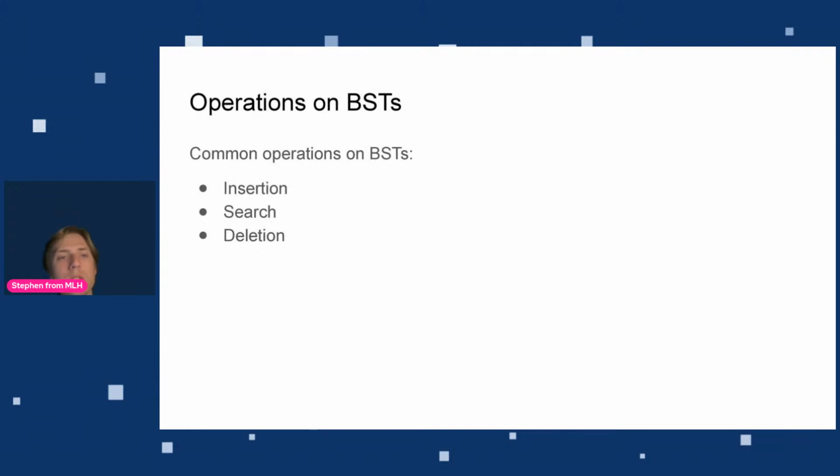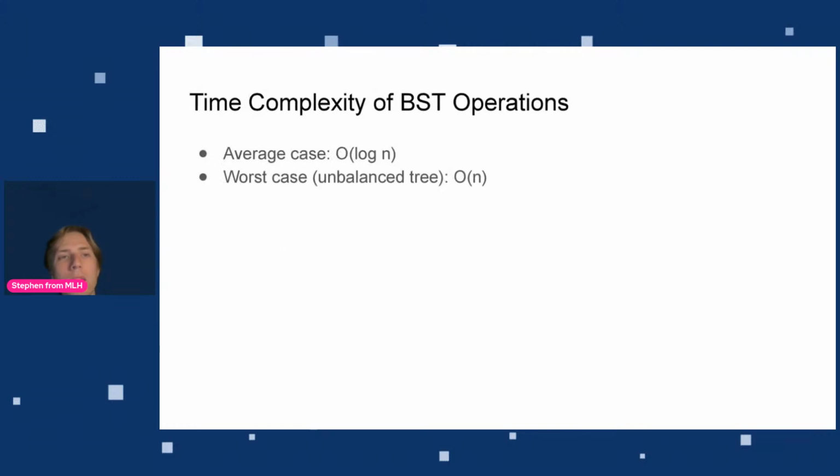All right, and I'll actually talk to you now about just how efficient this is when you compare some of these operations to some of the ones that we were looking at in terms of searching an array. So we'll look at the time complexity and see that the average case is log n time. If you remember back to our merge sort algorithm, that was an n log n algorithm.